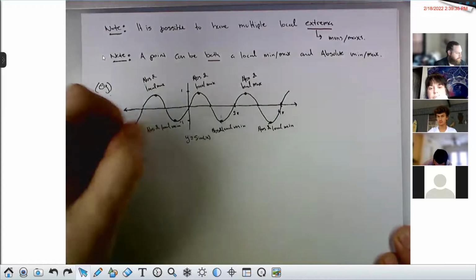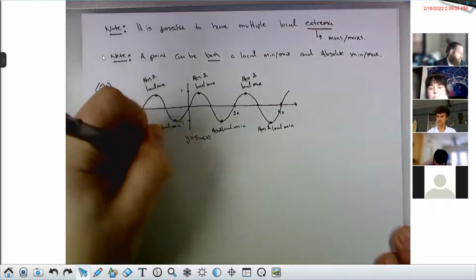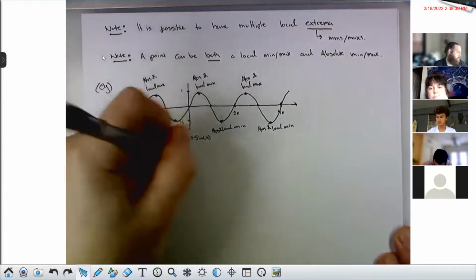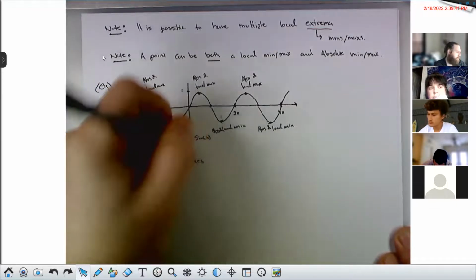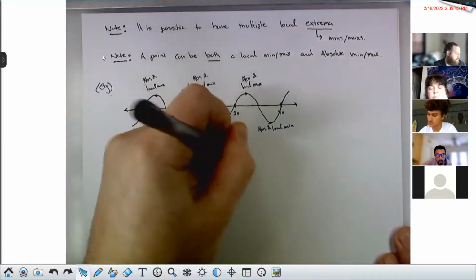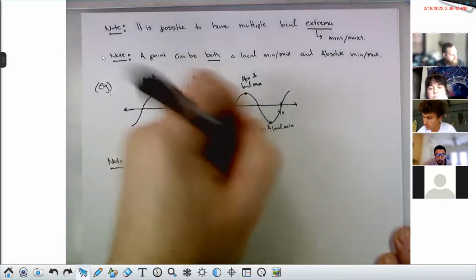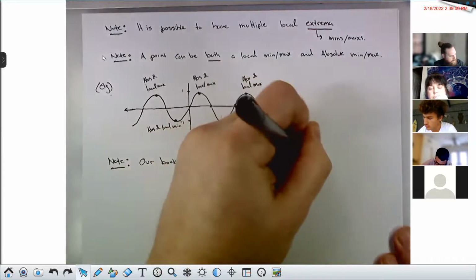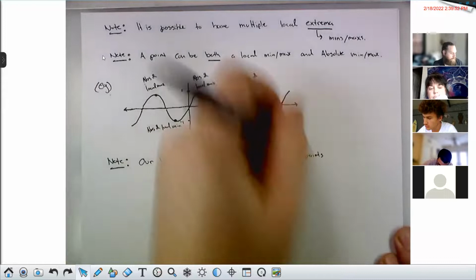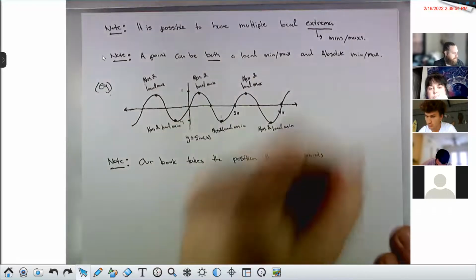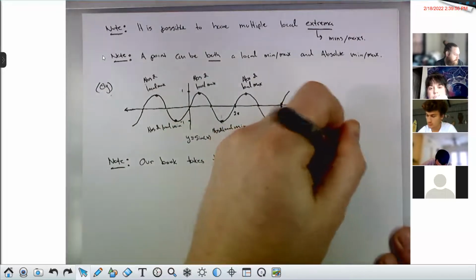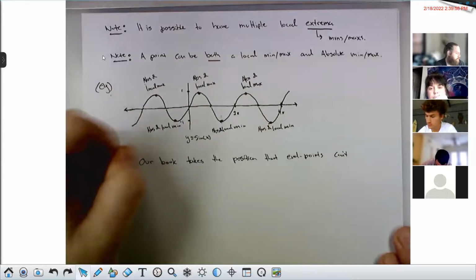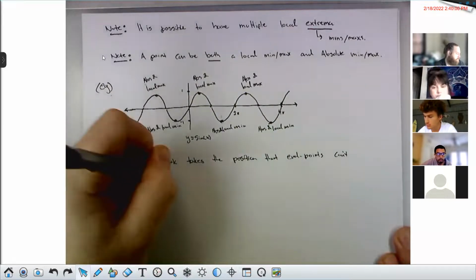I don't agree with this, but our book takes the position that endpoints, and I'll elaborate with a picture on what I mean by endpoints, can't be local extrema.